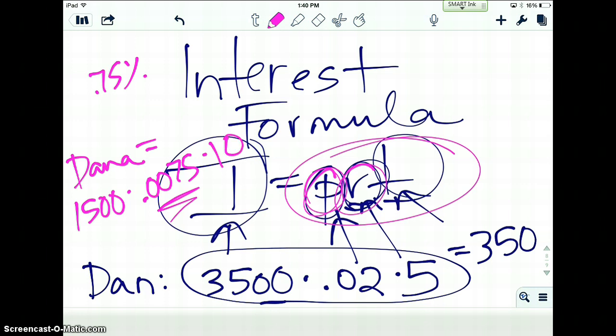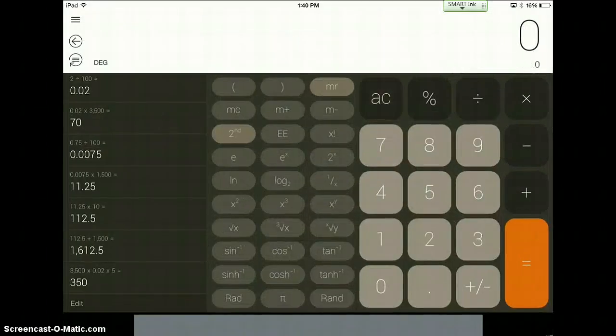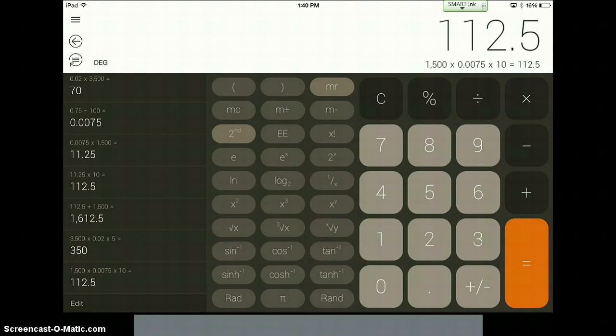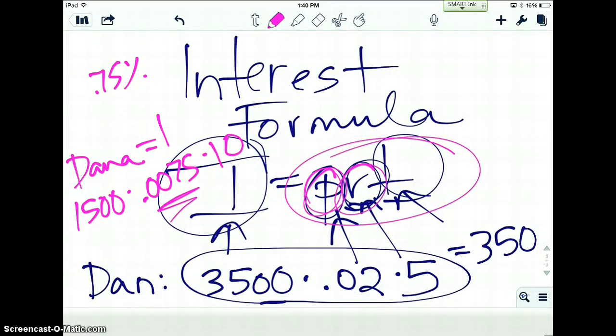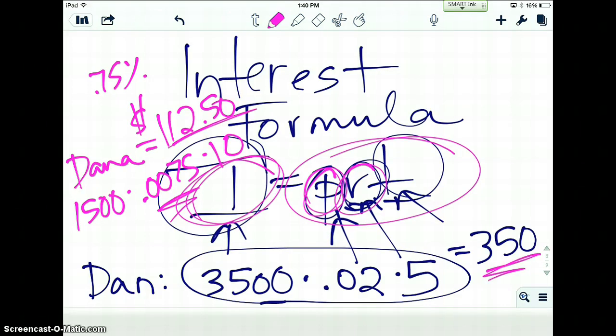And if I do that, I'm just checking it, people. 1,500 times 0.0075 times 10 years. And there we have what we got before. $112.50. How much she earned in simple interest over 10 years. Dan here, $350. Dana, $112.50.